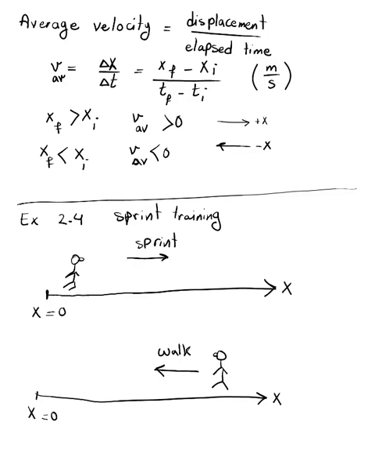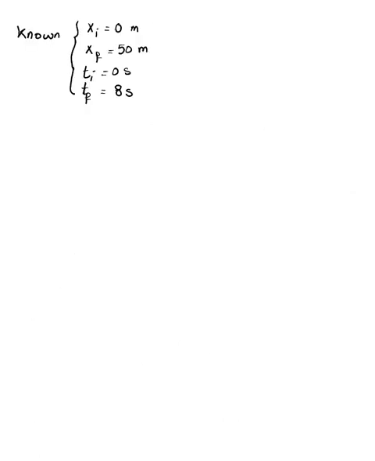All right. The next thing is that I need to identify the known and unknown of the problem. Before that, let me label the final distance, which is 50 meters. For the sprinting part, I know that x initial is at 0 meters.